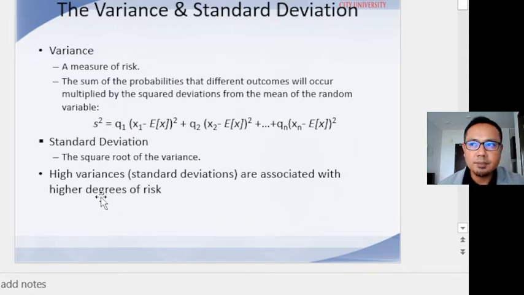If we are familiar with statistics, especially those who have done research in social science using the statistical package for social science, you can relate the standard deviation with a result where we can see a lot of outliers. So in this example, we can see a high variance is associated with a higher degree of risk.